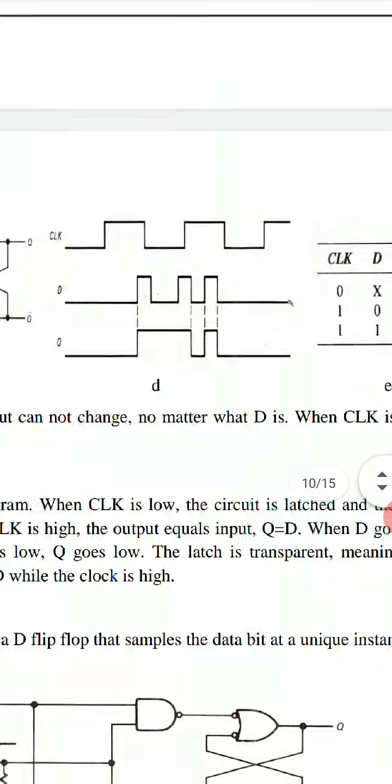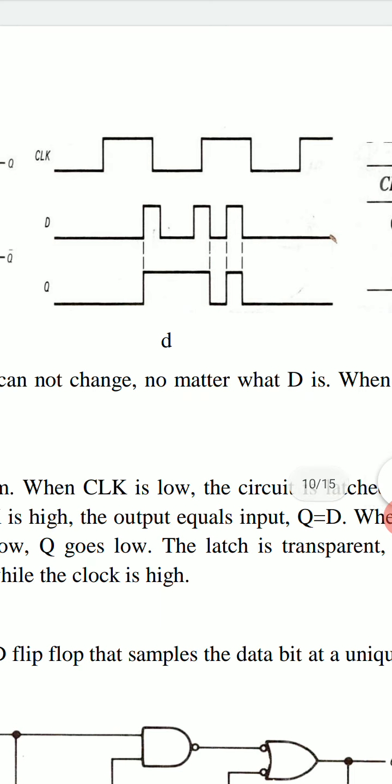This figure shows the timing diagram for clocked D latch. Initially, we see that clock is low, D is low, and Q is low.